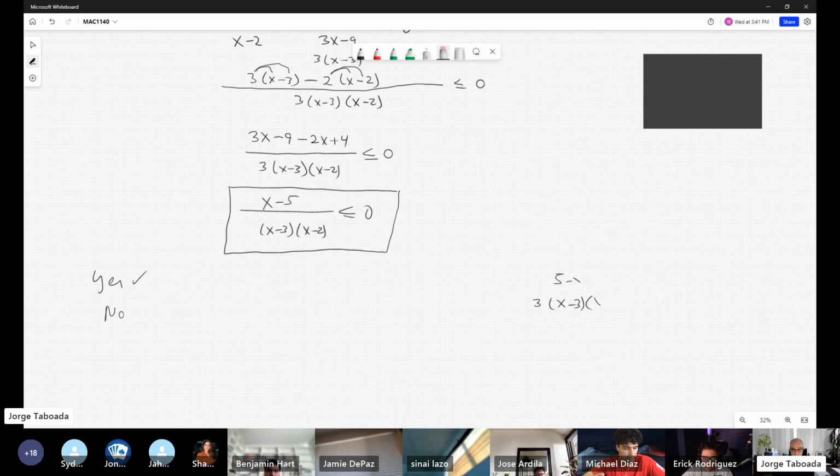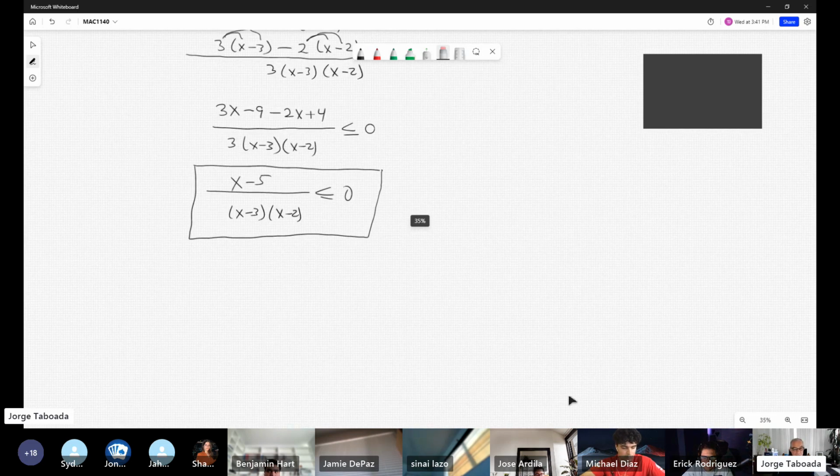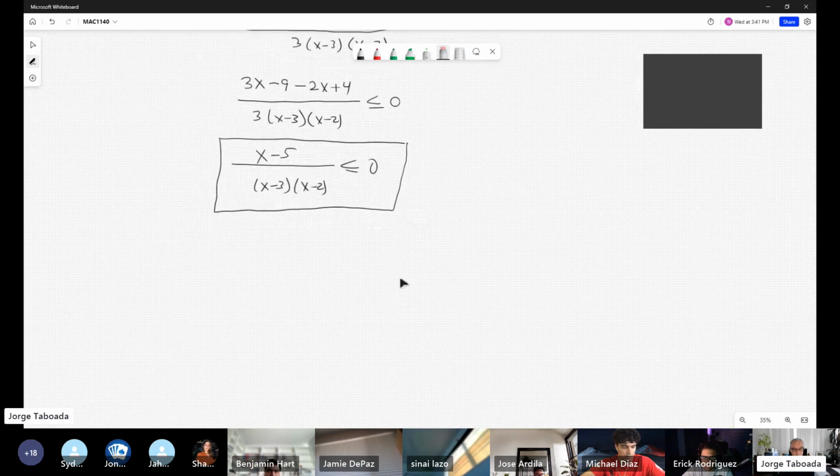Okay. Let's focus now on this new expression, that is almost the hard part we are doing. No delete anything, no even exponent. Critical values in the top: 5. Critical values in the bottom: 3 and 2.